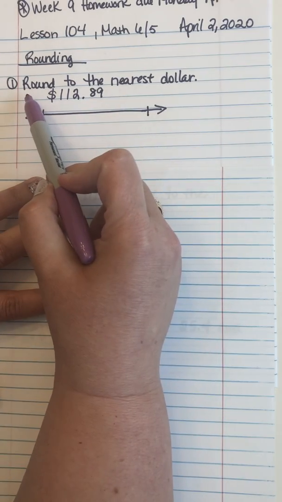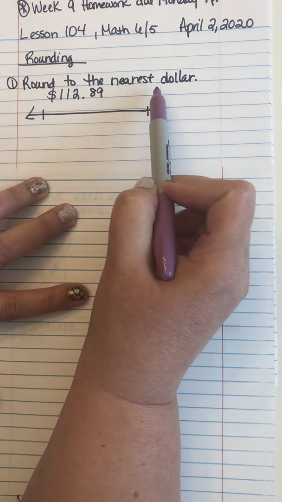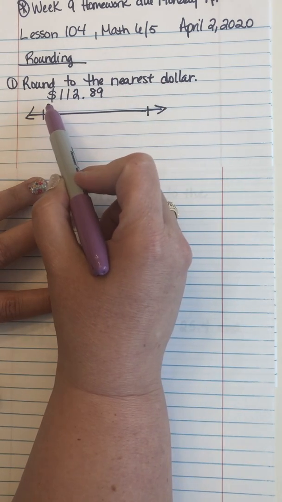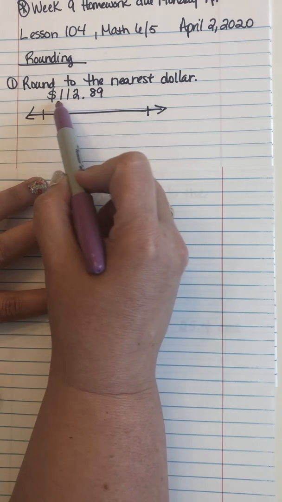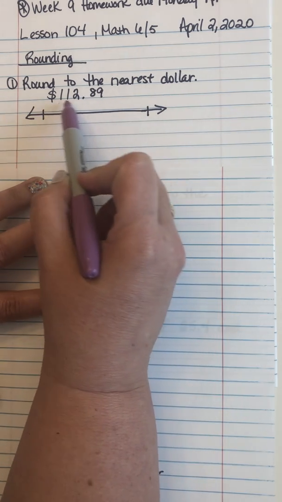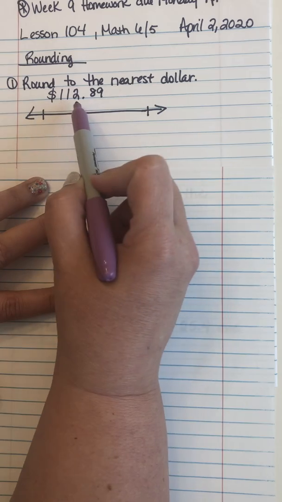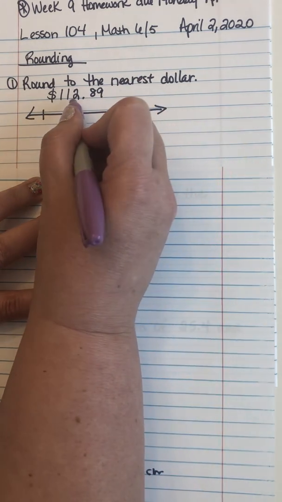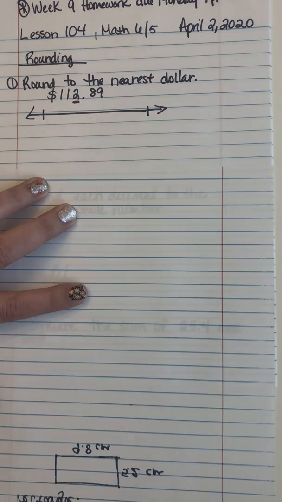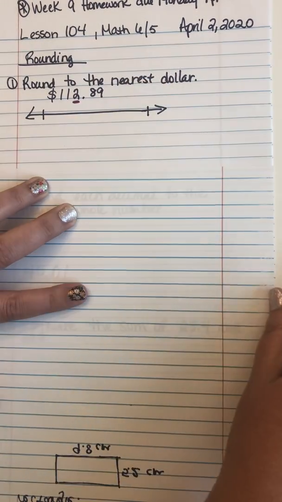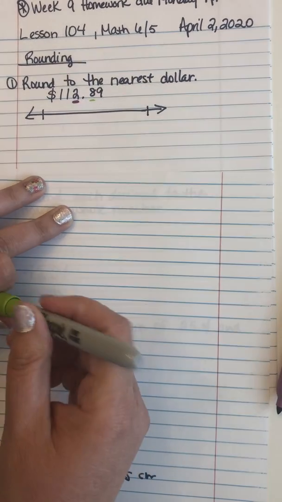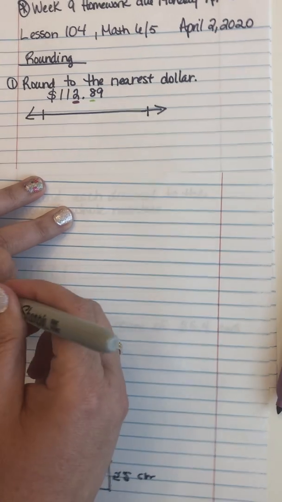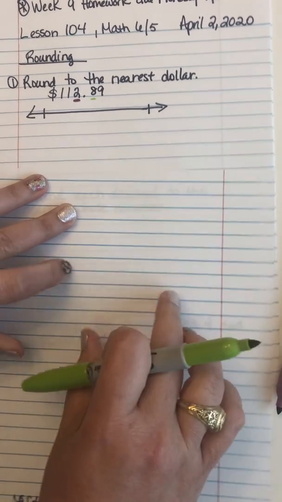If we have a problem asking us to round to the nearest dollar, and my amount is $112.89, the first thing I need to look at is which digit I'm rounding to. I need to find my dollar. The 2 is my dollar amount. So I need to look to the right of the 2, which would be the 8, and that's going to determine what I do with my rounding. But first, let's put it on a number line.